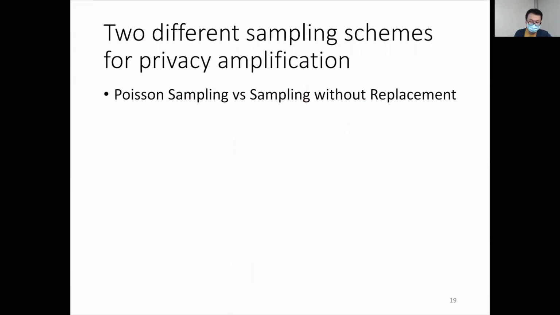So Poisson sampling works as follows. Poisson sampling with a parameter gamma: include data point i in the mini batch by tossing an independent random coin, by sampling from a Bernoulli distribution with probability gamma.